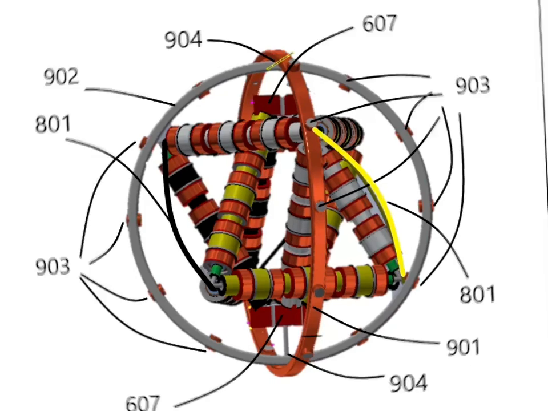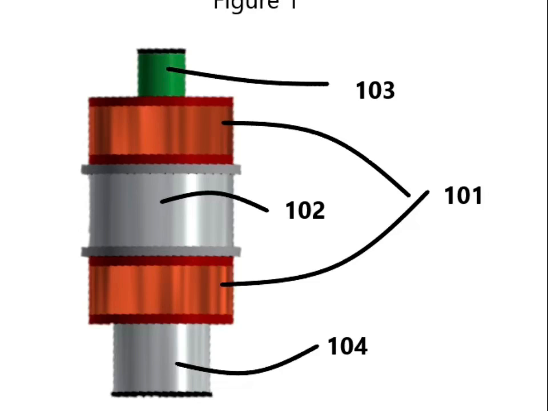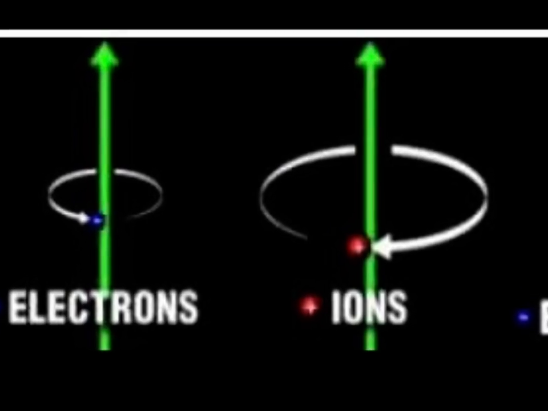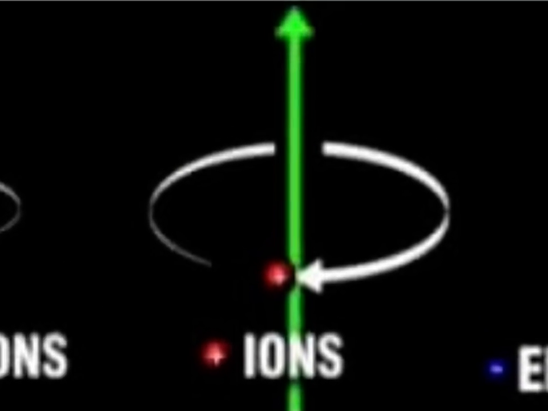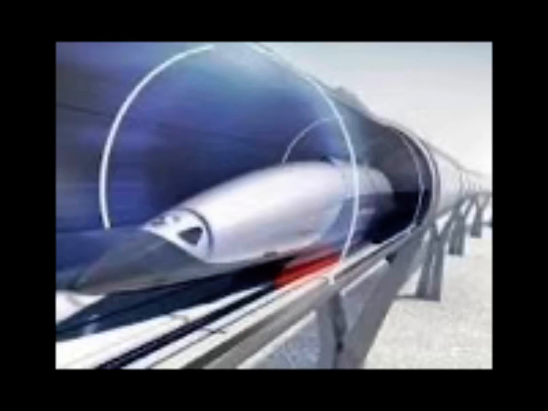And so basically we're creating two circuits within one phase of power, but we're separating the electrons so that in one circuit they're rotating in one direction, and in the opposing circuit they are rotating in the other direction. And through the use of magnets, we're essentially creating hyperloops.